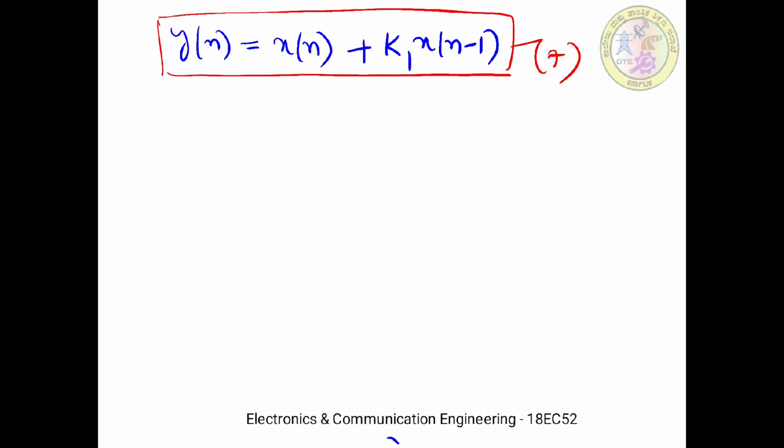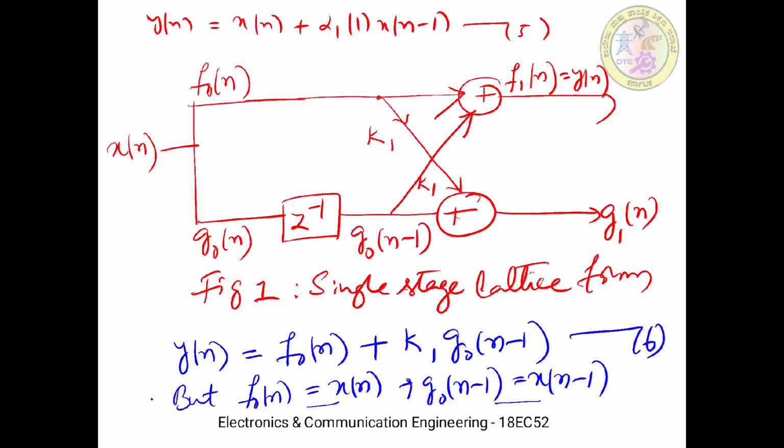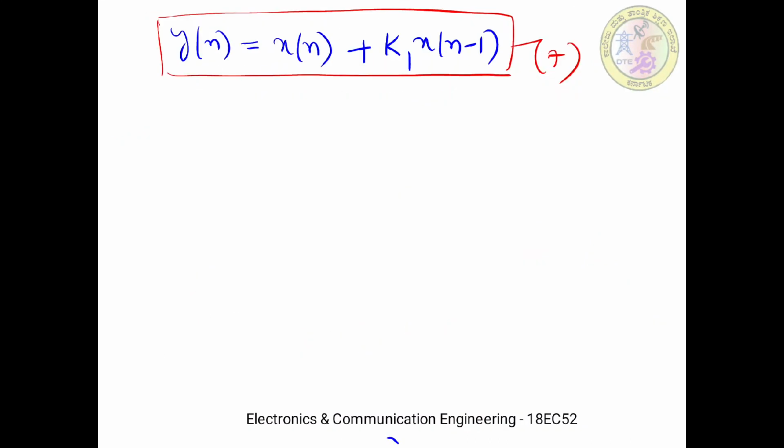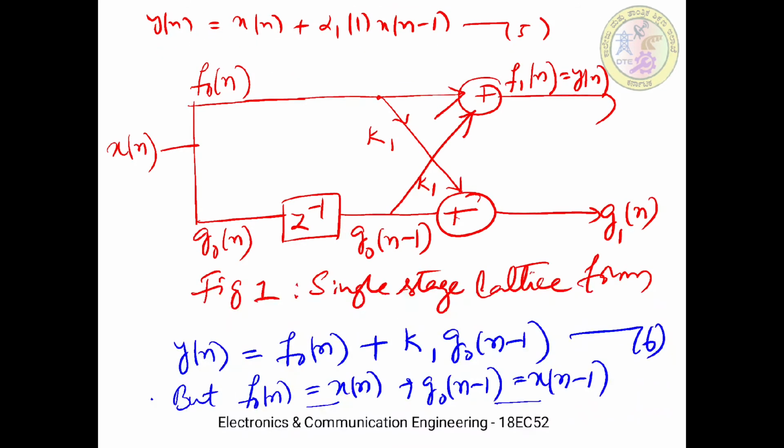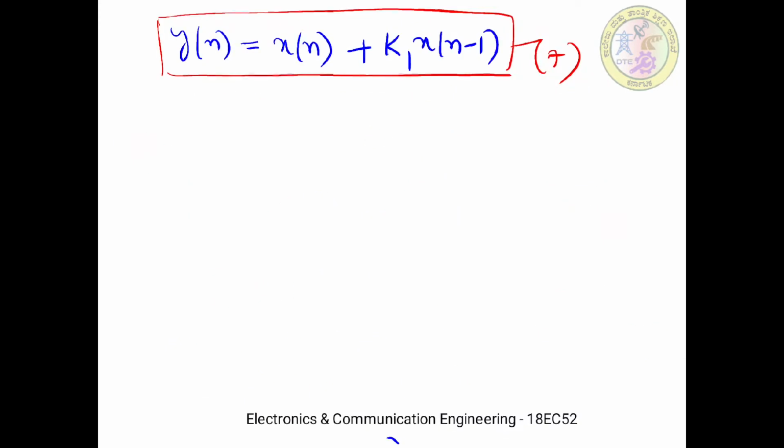Compared to equation 5 which was written in the previous case, x of n is there, and here also x of n is there. But in the previous equation we had alpha 1 of 1 into x of n minus 1, and now here we have k1 into x of n minus 1. Therefore the parameter k1 is nothing but alpha 1 of 1.